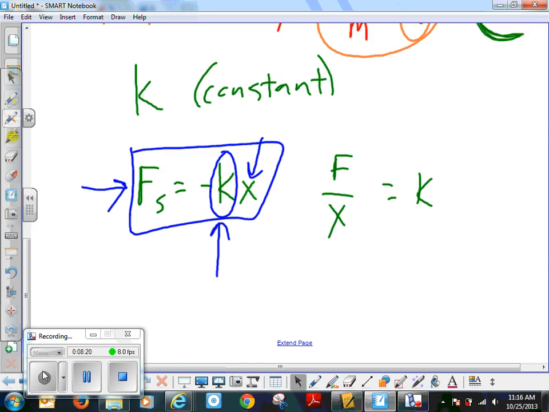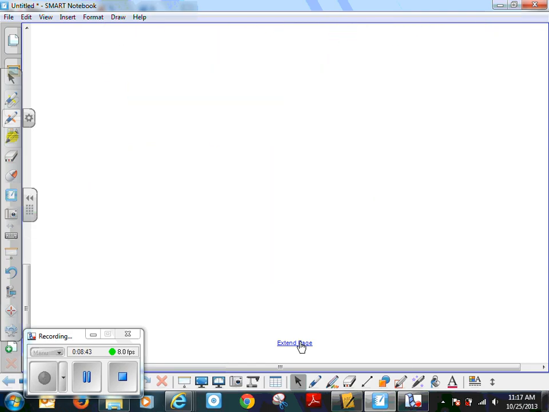But those were actually pretty good springs. They were nearly ideal in that range that we tested them. If I had pulled it too far, the spring would never come back, because I disrupted the intermolecular bonding, and the sheets of metal started to slide across each other.